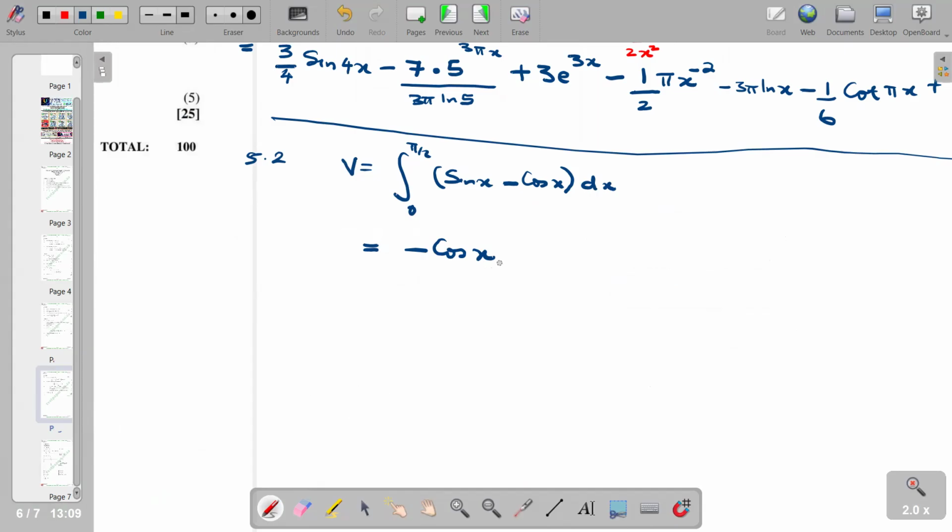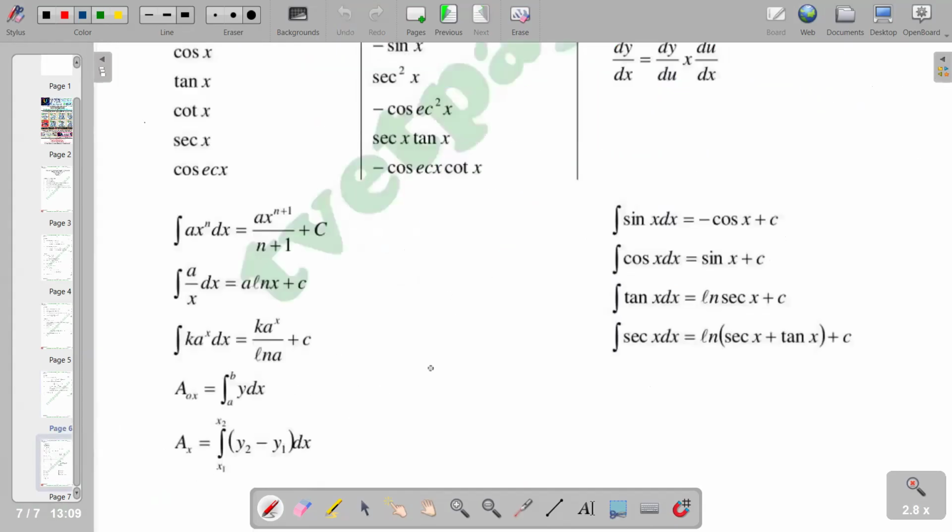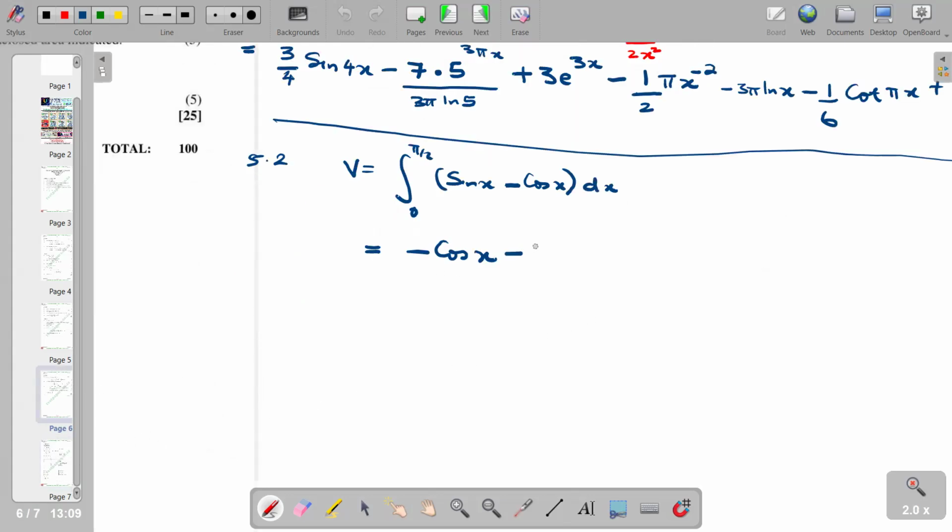Then we go minus the integral of cos. The integral of cos is sine x. So it's minus sine x here, but it has the limits, pi over 2 here, then 0 here.